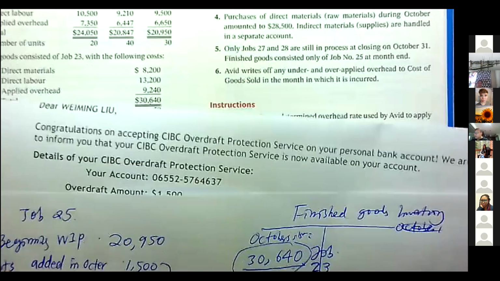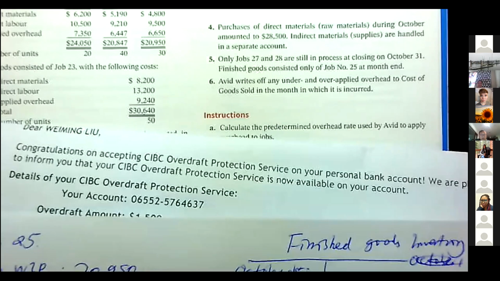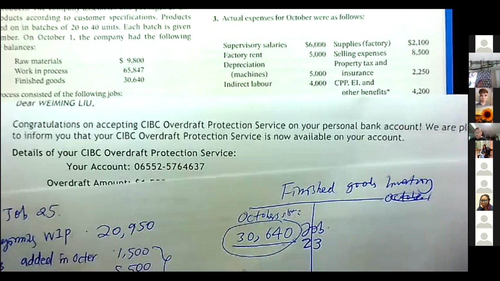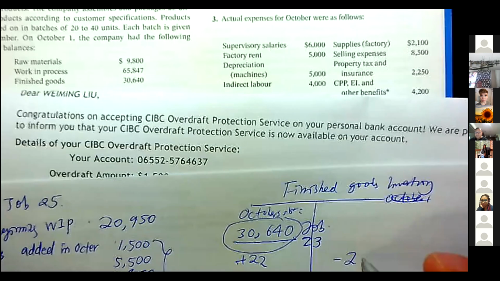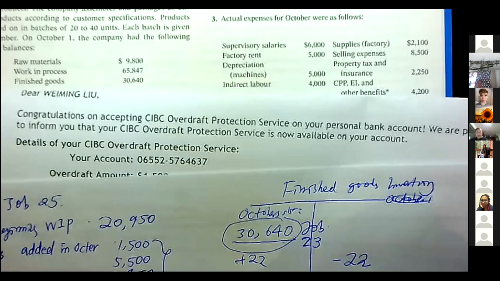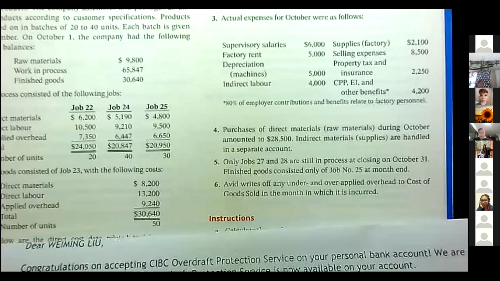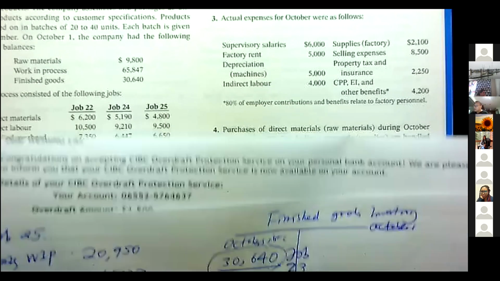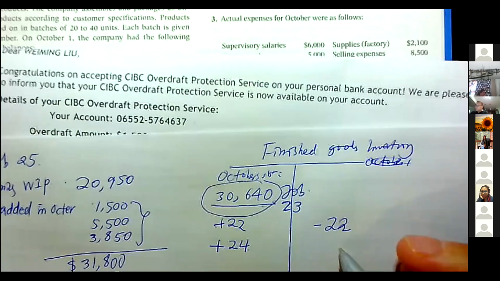Then during the time, we have 22. So 22 is done, so we add 22, but then we sold 22, so we minus 22. Then we have 24, which is sold.